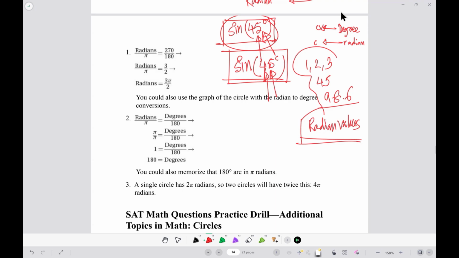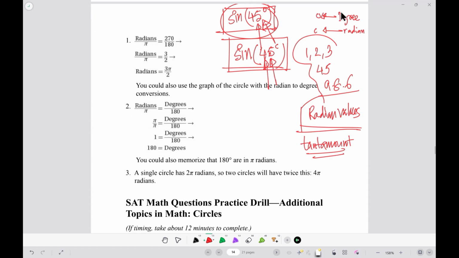So radian values are completely tantamount to our regular dealing with numbers. What does that mean?